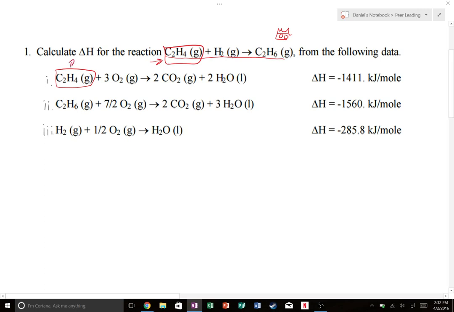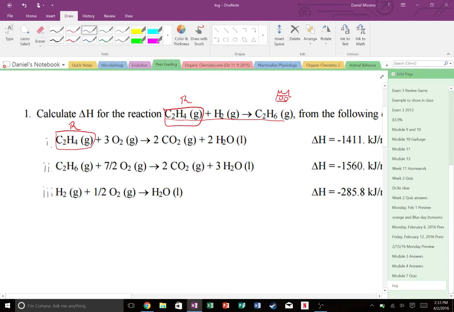They also both have a coefficient of 1, an imaginary 1, so we don't have to change the coefficient of either one. Let's continue with the next one.